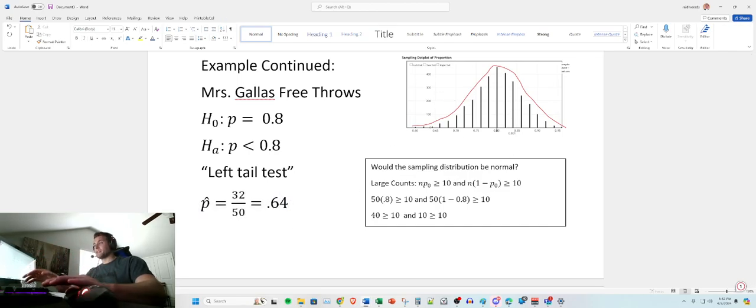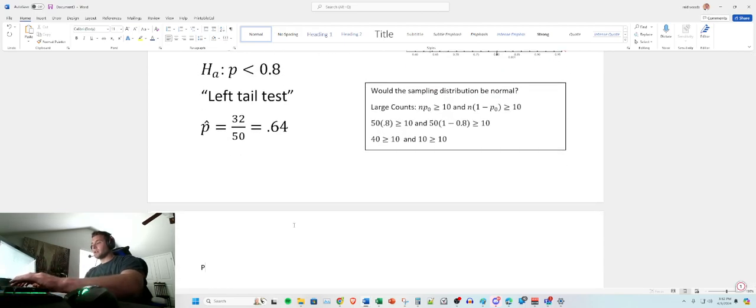So we'll come back to this. What we have to calculate is something called a p-value. So this is quite important.